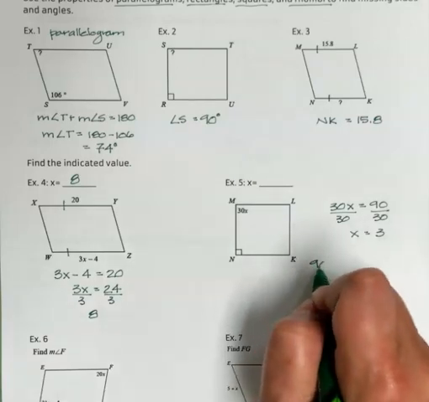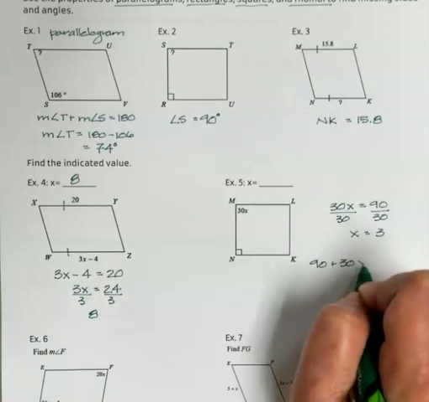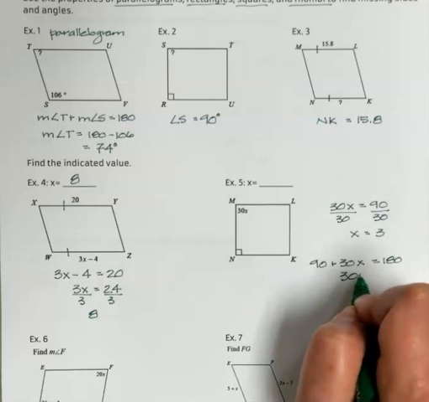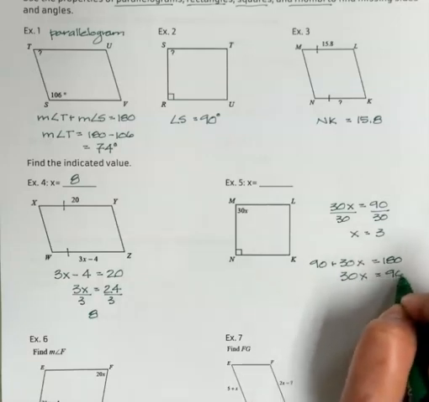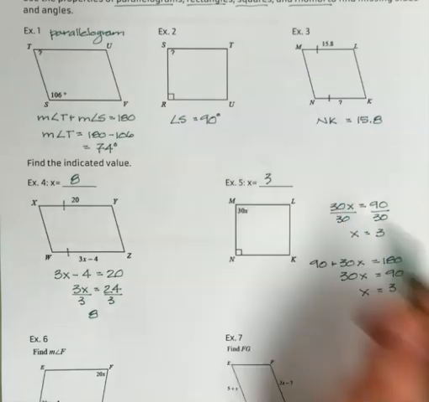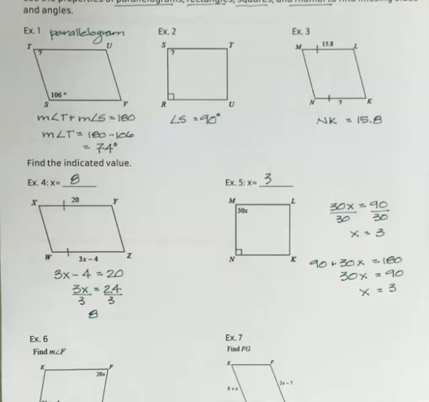So we would have 90 plus 30x equals 180. Subtract 90 from both sides. We get 30x equals 90. Divide both sides by 30, and we get 3. So either one of those methods would work.